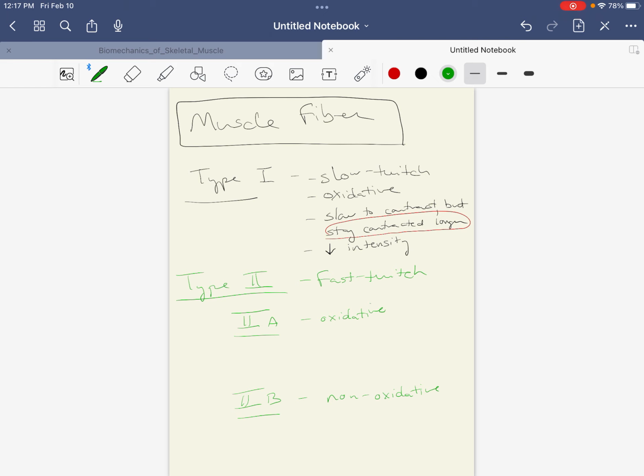In general, the fast twitch are quicker to contract, but the quickest to contract is the type 2B. The ones that can fire at the highest intensity would be the type 2B. These stay contracted for the shortest period of time.